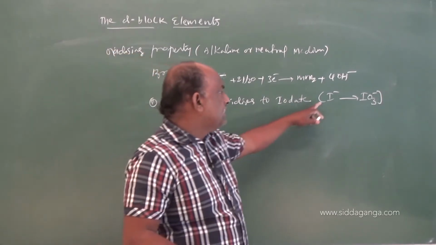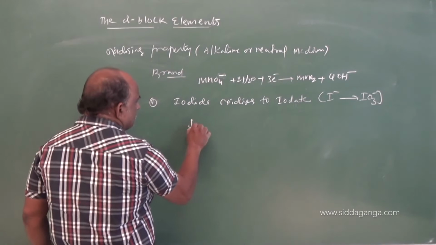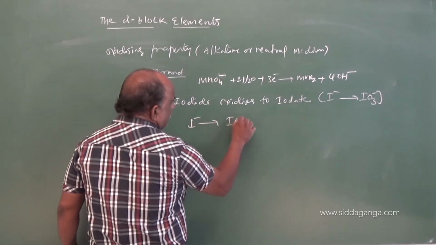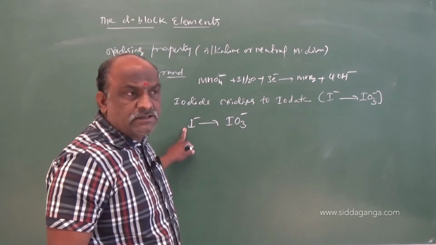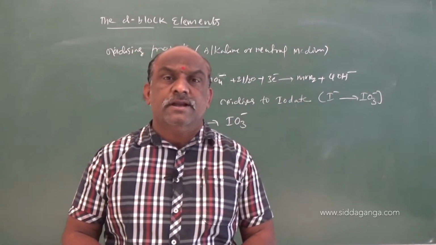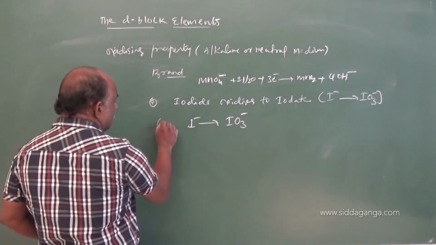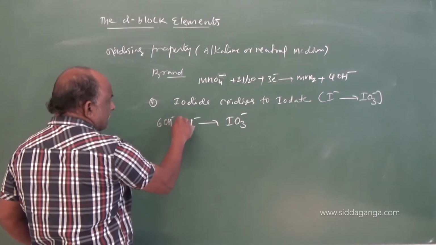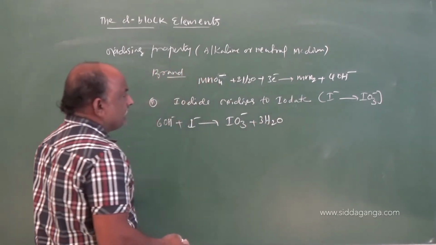Then we have to balance this I minus to IO3 minus. Already we know that I minus gives rise to IO3 minus. Here 3 oxygens are there, here no oxygens are there. Where oxygen atoms are less, you should add OH minus. Where hydrogen atoms are less, you should add water molecules. So, to balance, you should add here 6 OH minus and here you should add 3 water. See this equation, my dear students.